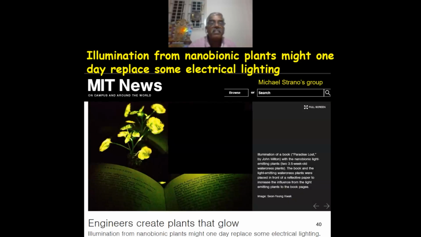Recently, one application they have used is nanobionic light. They used semiconductor-based material and injected some of the solution into the plant as they grow it. They keep the plant like a table lamp on their table. You can see how they do the injection over the plant.